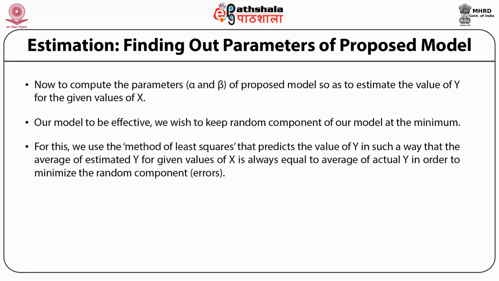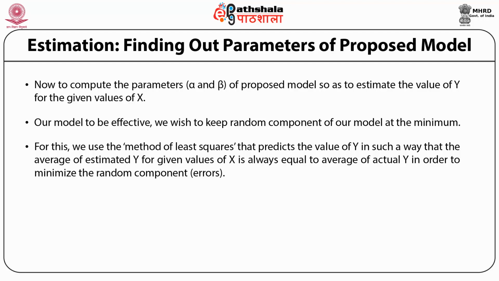Now we will try to estimate the parameters of our proposed models. So there are two parameters, alpha and beta, so obviously we need to have two equations to calculate these two parameters. Now here we will be using the method of least square to find out the value of alpha and beta.